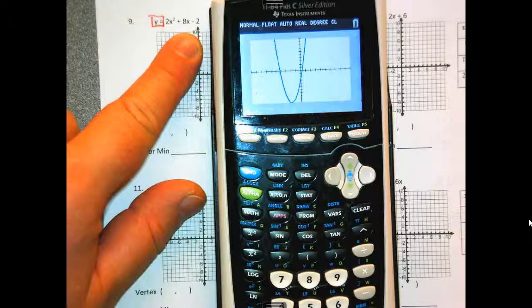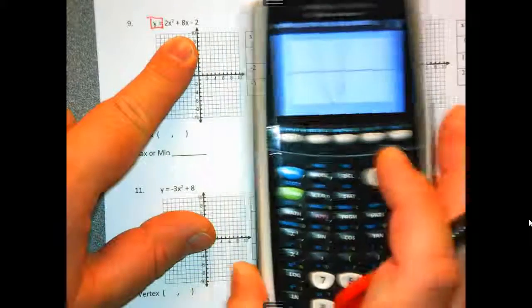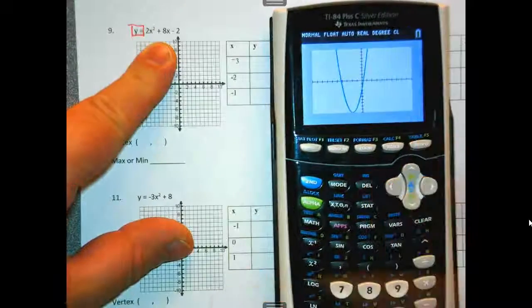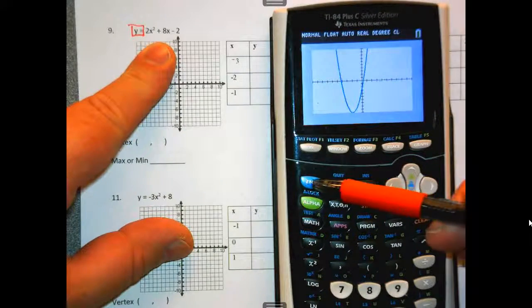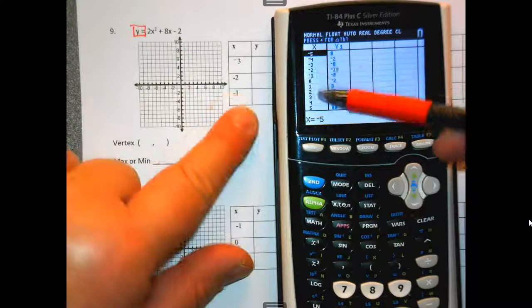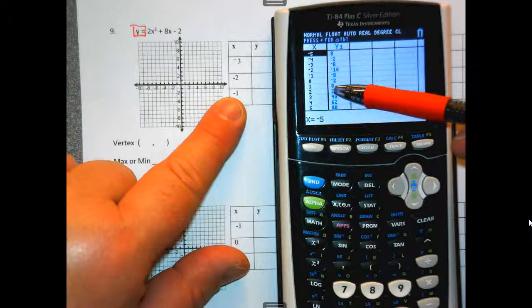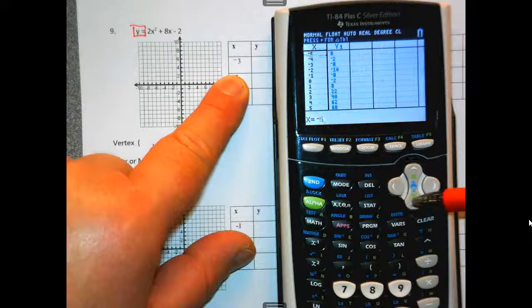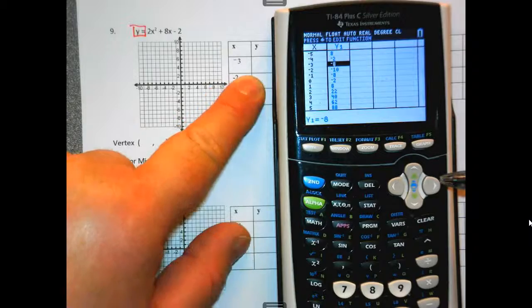There's my parabola. And then if I hit the second key, the second graph, it brings up this table right here. Okay? I need the values for y when x is -3. So there's x -3. My y value is going to be -8.